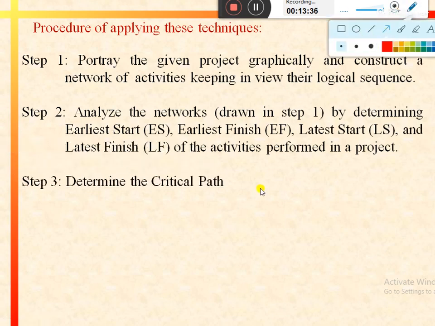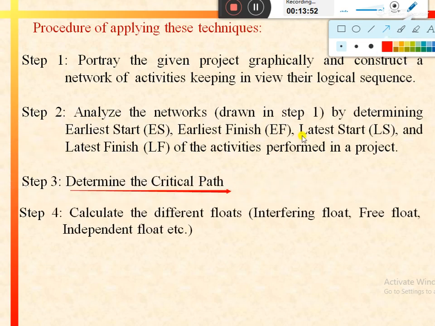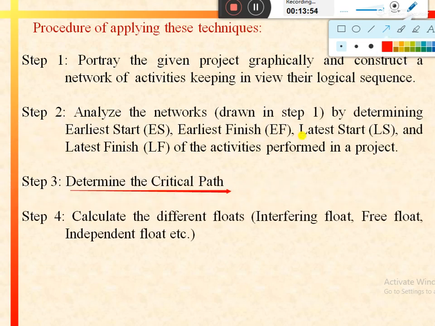In third step, we would determine the critical path of the project that requires the maximum attention of the project managers. In fourth step, we would calculate the different floats in the network, like interfering float, free float, or independent float.